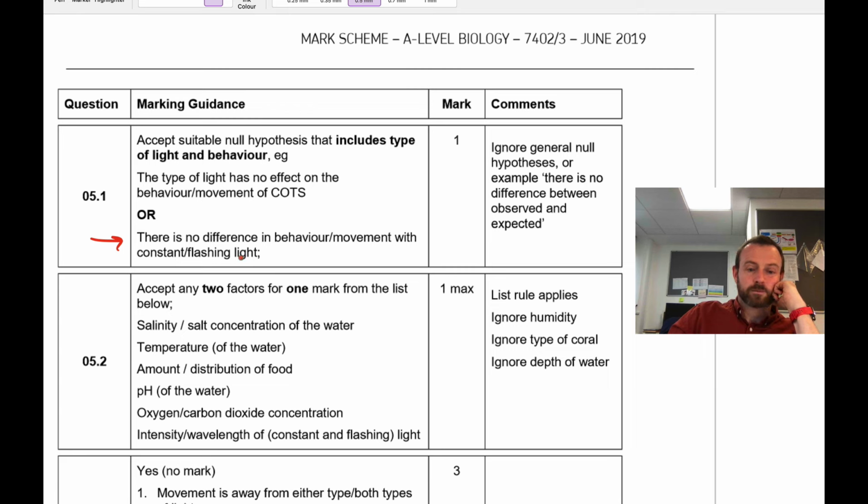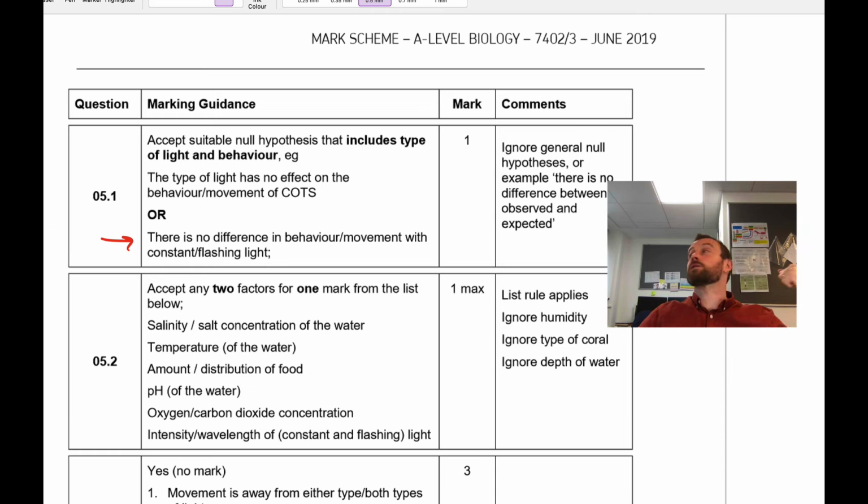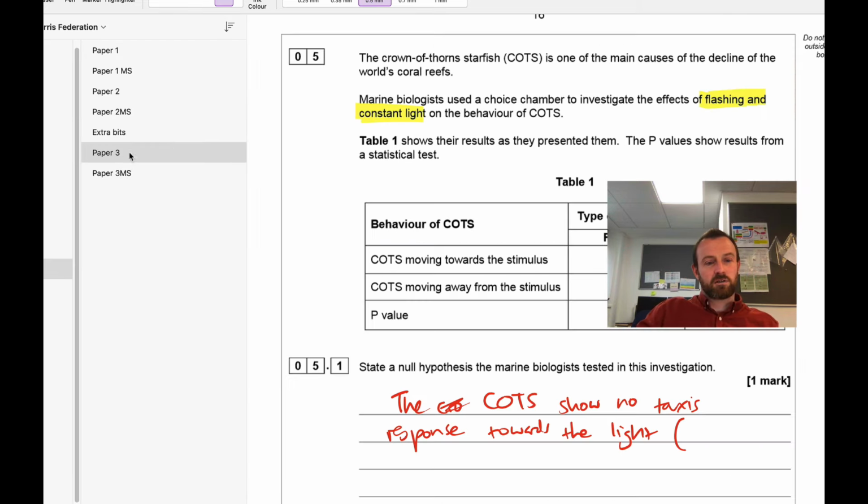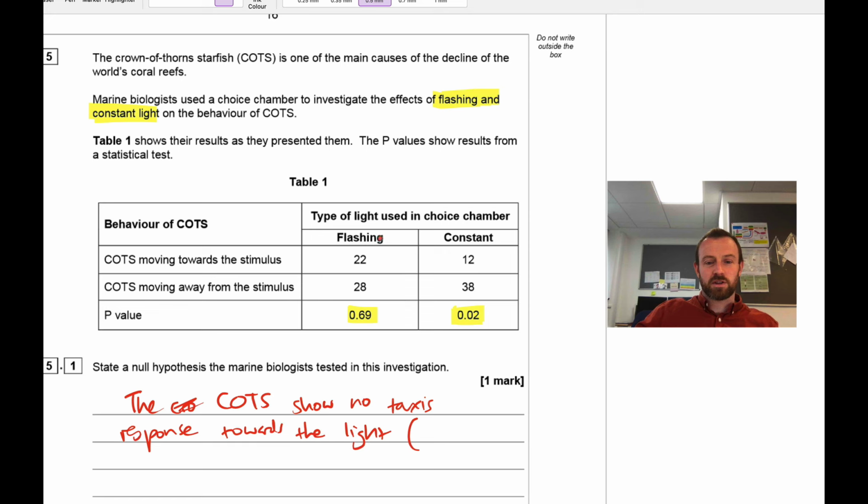Okay. The reason I'm pausing there is because I feel like you would have to have 2 separate null hypotheses for this investigation. You'd first of all have a null hypothesis about flashing lights, and then a null hypothesis about constant light. That's why you've got a p-value. Your p-value will either make you accept your null hypothesis or disprove it.